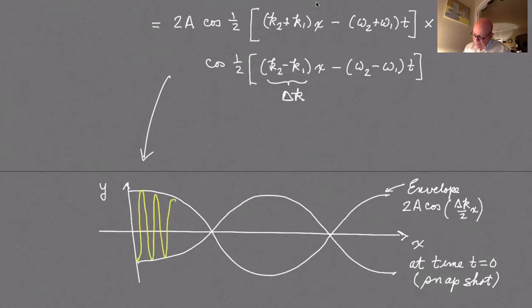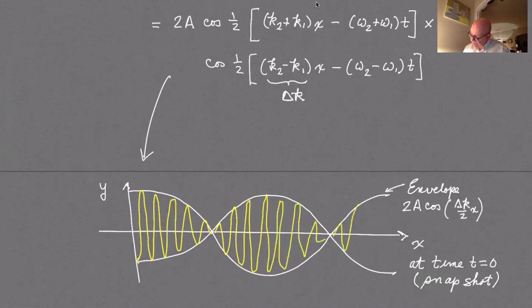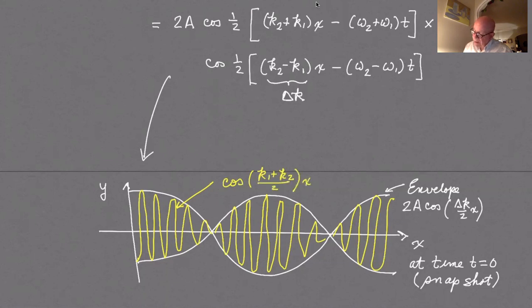And then under this envelope, you have a high frequency component, and that's going to be the cosine of (k1 plus k2) over 2 times x.